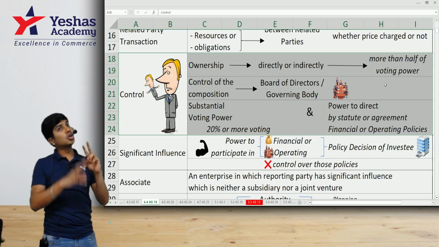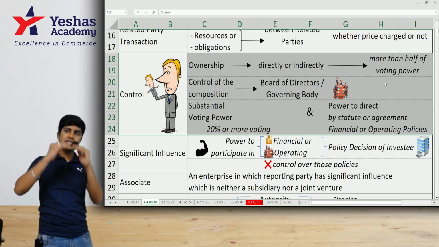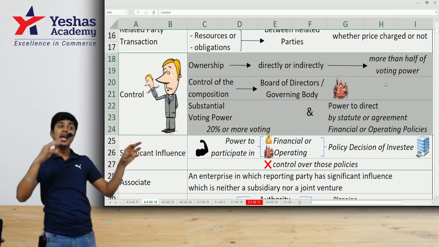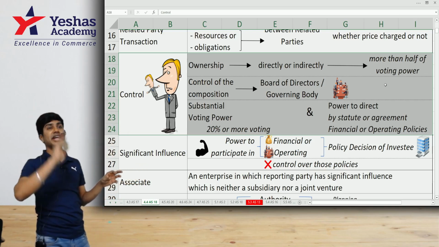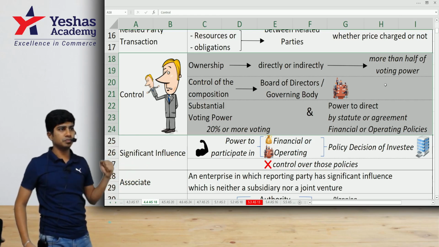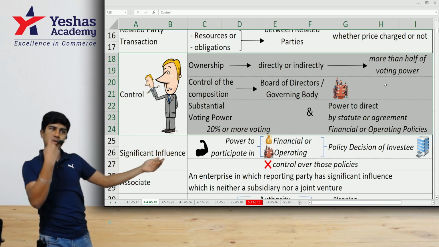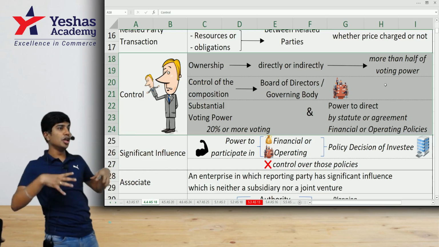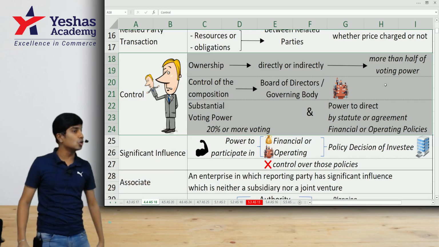Number two, controlling the composition of the board. Number three, I have 20% or more shares in that company, and by way of agreement, I have control over their operating and financial decisions. Then again, it's my subsidiary and I have control. But to call it my subsidiary, I should be a company. If I'm an individual, I cannot become a holding company. I'm not a company. I'm a person who's related to that company because I have control.